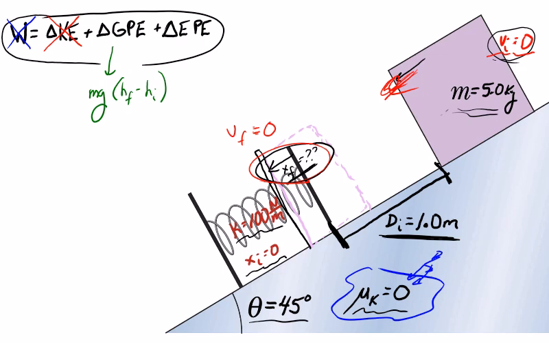Since it looks like everything is happening with this bottom corner of the block, that's what I'm going to use. It initially is here, so there's my initial position, and its final position is going to be here. So I'm going to draw a little horizontal line here, and what we're going to be looking at is how high up it is here and how high up it is here.